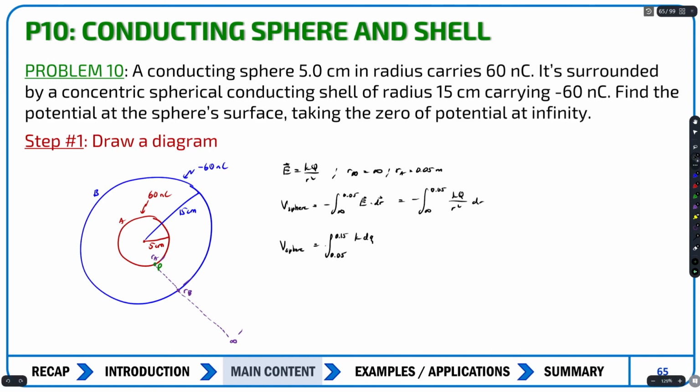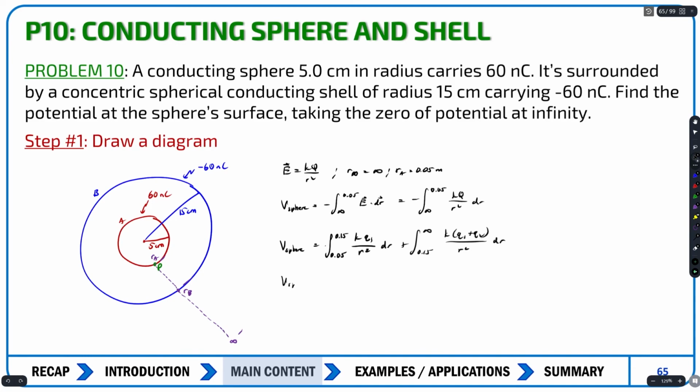We have kq1 over r squared dr, plus the integral from 0.15 to infinity of k times q1 plus q2 divided by r squared dr.